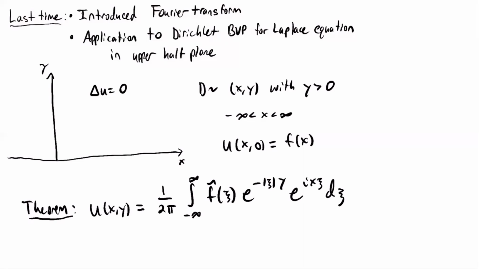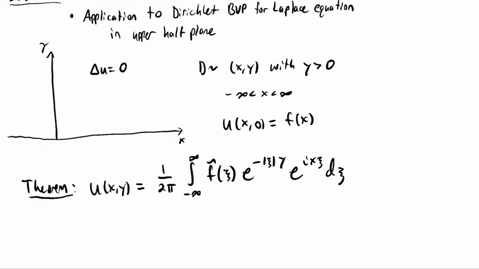As with a lot of examples we've seen throughout the course, even if I give you a particular function f, it's not really obvious how one would compute this as a closed form solution that doesn't involve an integral or a Fourier transform. But this is at least a place to start. This is a formula which we proved is the solution to this boundary value problem.